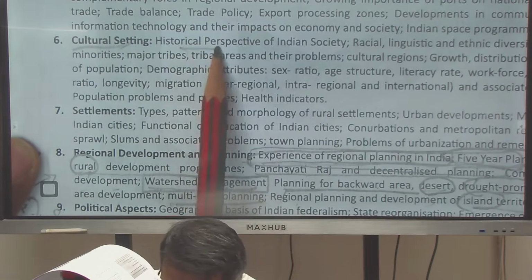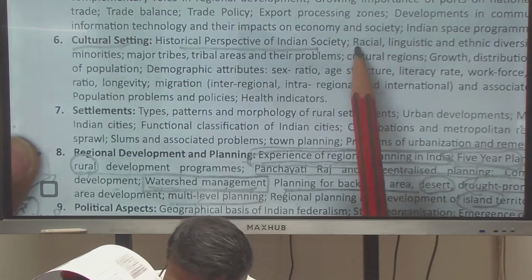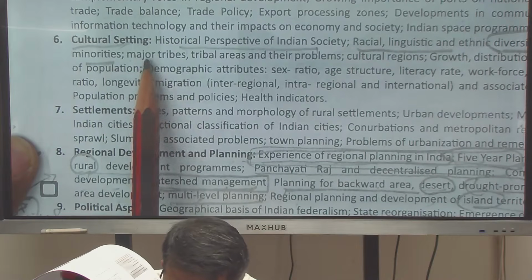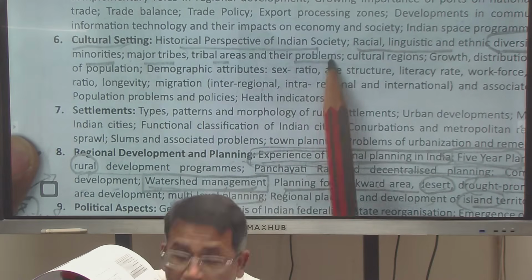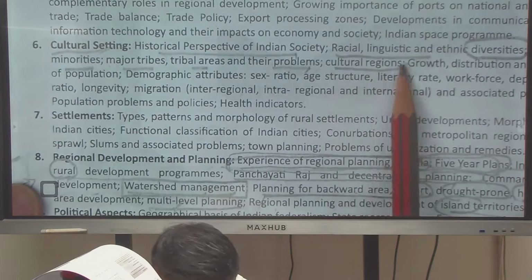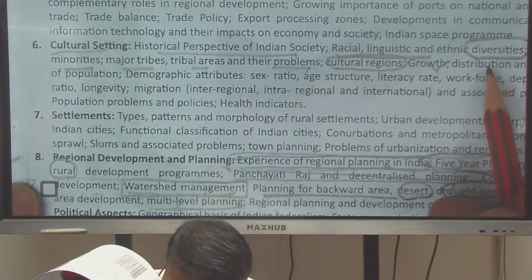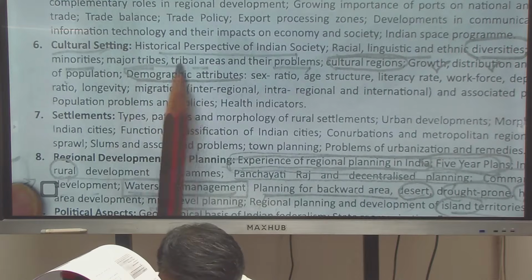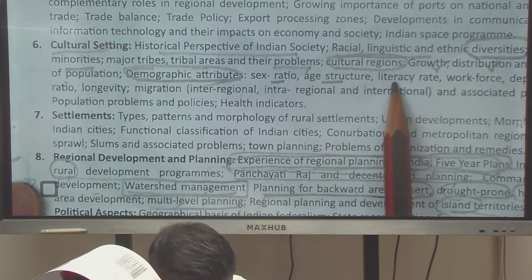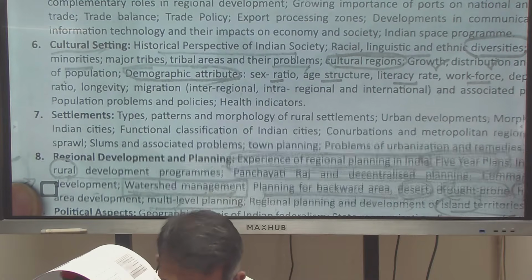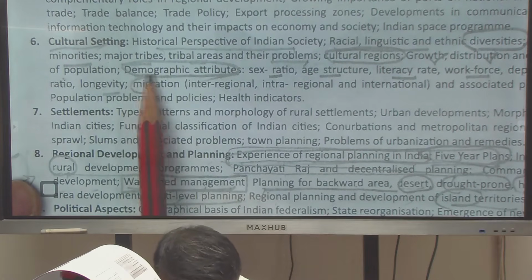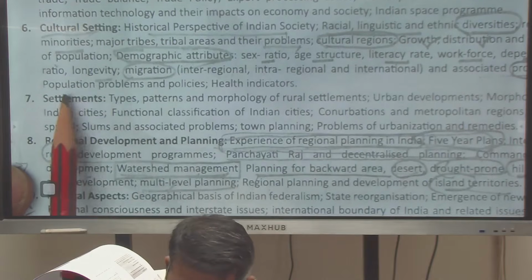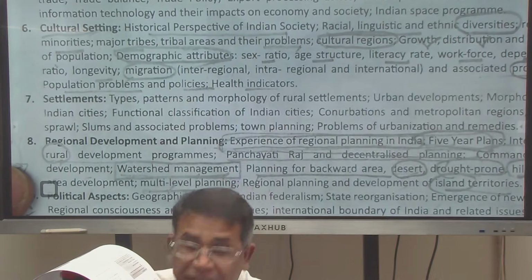The historical perspective of Indian society, racial, linguistic, and ethnic diversities, religious minorities, major tribes, tribal areas, tribal problems, cultural regions of India, again growth, distribution, density of population, again demographic attributes, sex ratio, age structure, literacy rates, workforce, dependency ratio, longevity, migration. Then we have problems of population, policies, and health indicators.